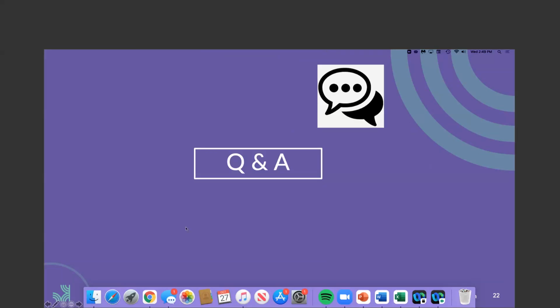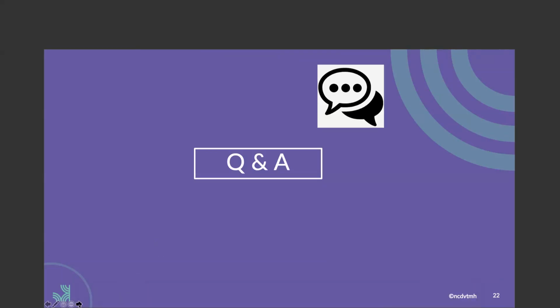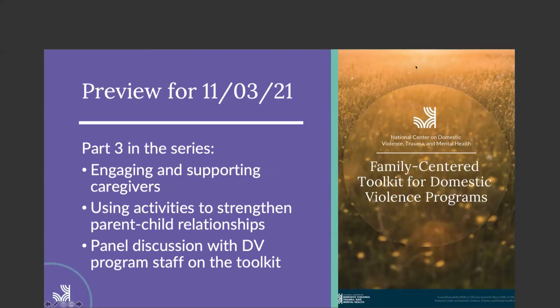So Jeannette, should I go on to the next, or do you want to wait for a few more, or what are you thinking? Yeah, sure. We could talk about what's coming up in November. Not sure how it's November already next week, but so our preview for our third and last webinar for launching this toolkit will be next week on November 3rd, same time.